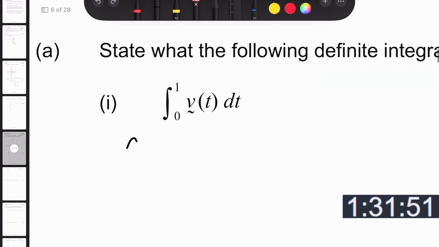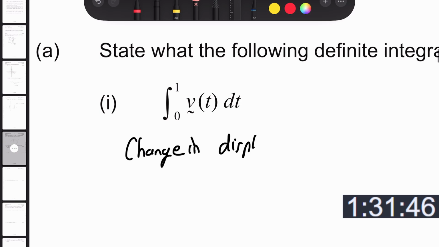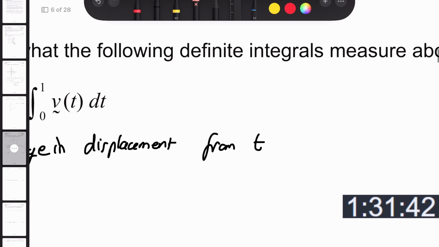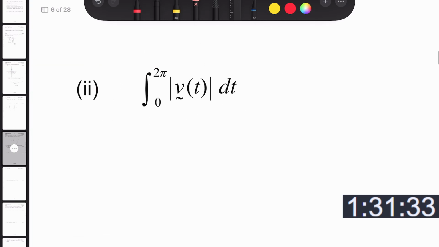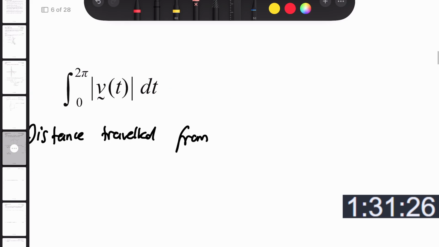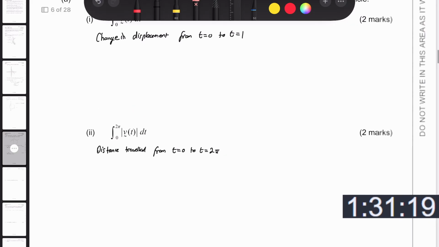So there's going to be the change in displacement from t equals 0 to t equals 1. And then this one will be distance traveled from t equals 0 to t equals 2 pi, or a full rotation.